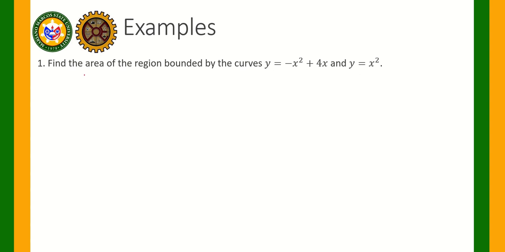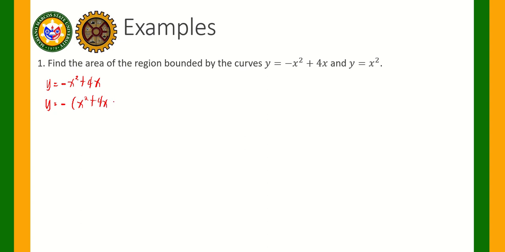Okay? So, to get the factors, so this is y equal to negative x squared plus 4x. Okay? So, first, isolate natin si negative para maging mas madali yung completing the square natin.